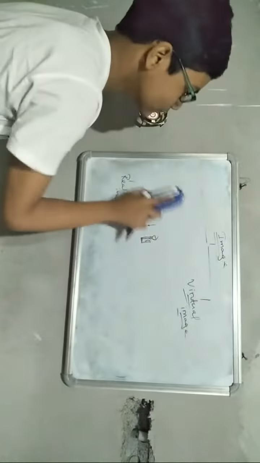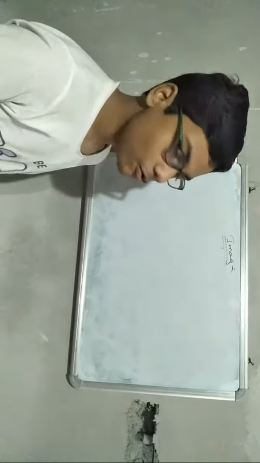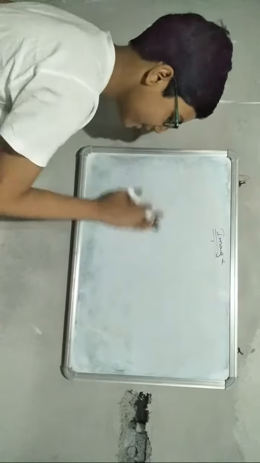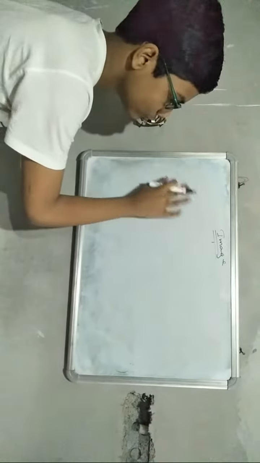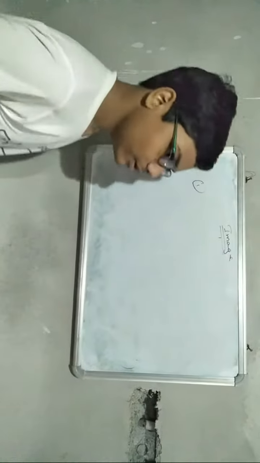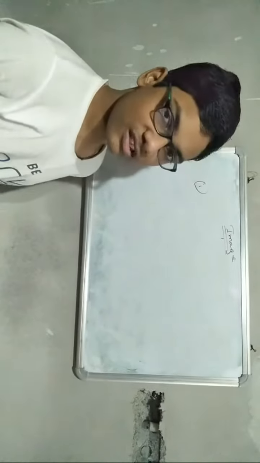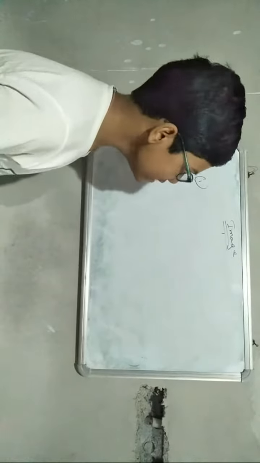Now the image formed in a plane mirror has some properties or characteristics. The first one is the image is laterally inverted.